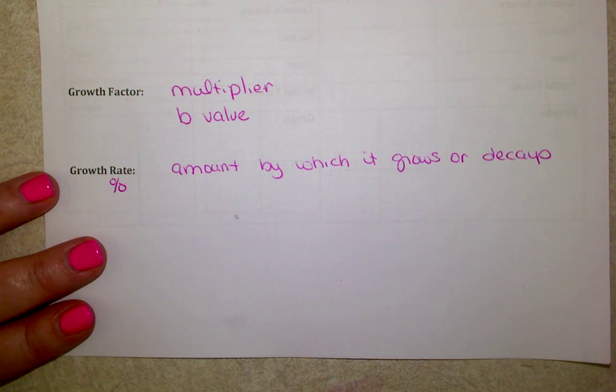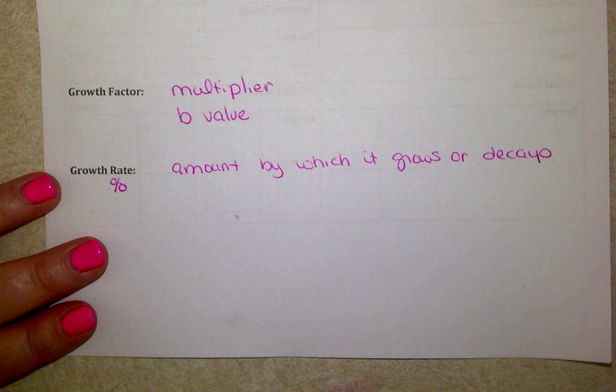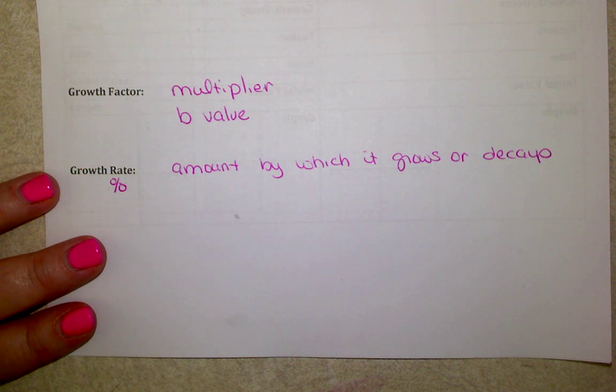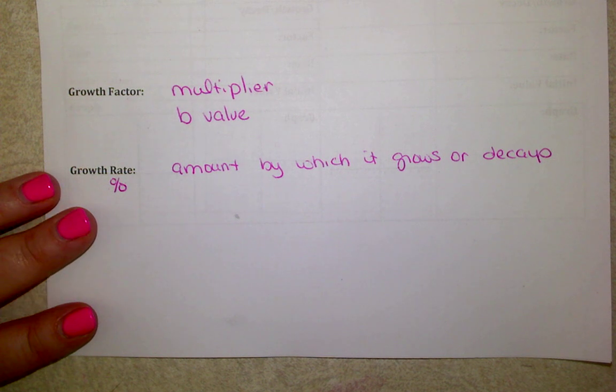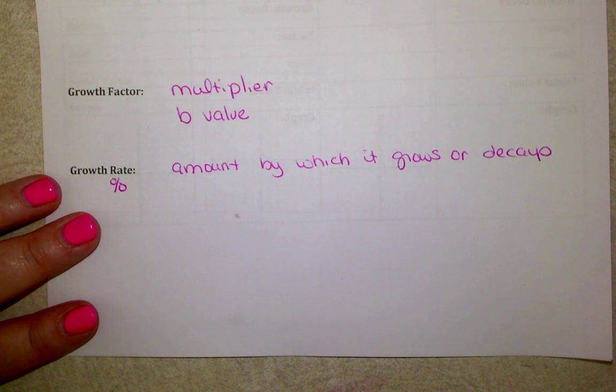What is your tax rate right now? Nobody knows the tax rate? When you go to buy something, how much tax do you have to pay on it? 10 or 7 cents. Most of the time it's 7 cents. All right, 7%. So 7 cents per dollar. So if I ask you for the growth rate on what you buy, you would say 7%, right?